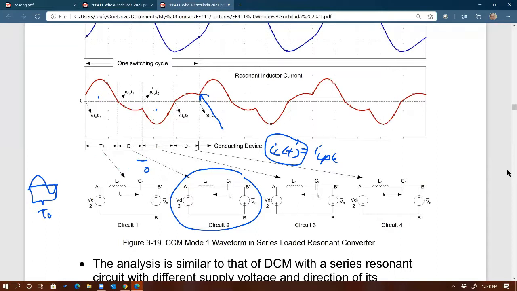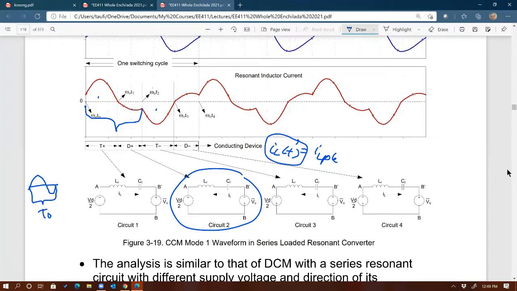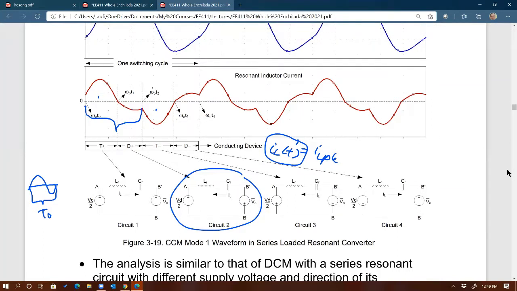So the key here is that you don't allow the resonant period to fully take place. It's less than the resonant period. If you do that, then you get CCM1. There's a specific condition for CCM1, which I mentioned at the beginning of the chapter.